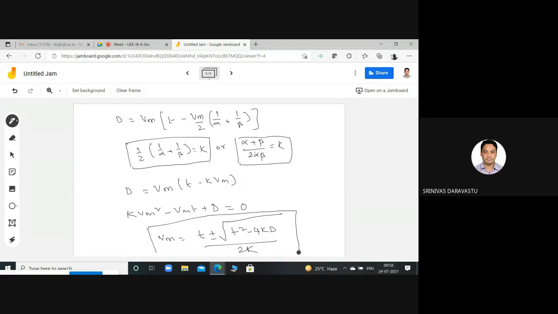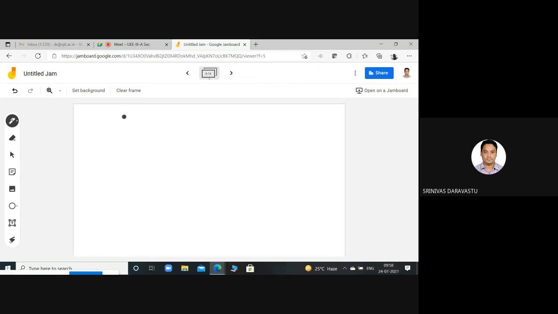Therefore Vm equals T minus under root of T square minus 4 into k into d, by 2 into k. The positive value is never used because its value comes out practically impossible. That's why we are using minus.